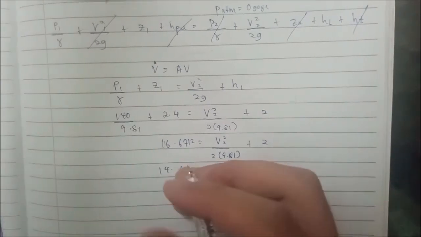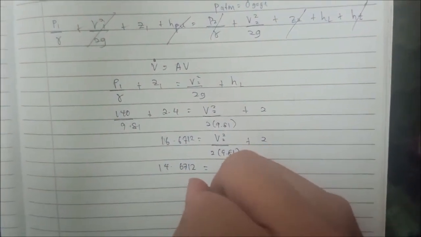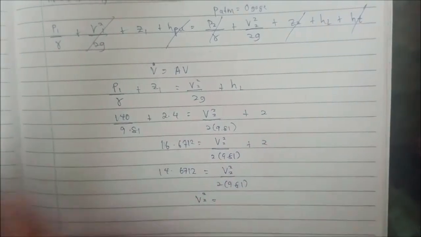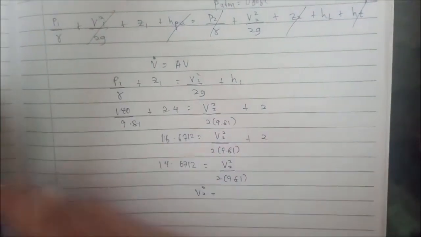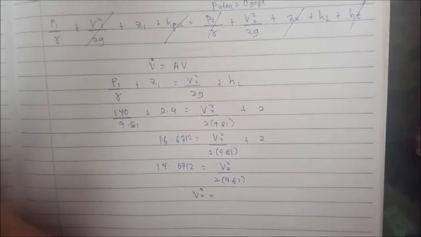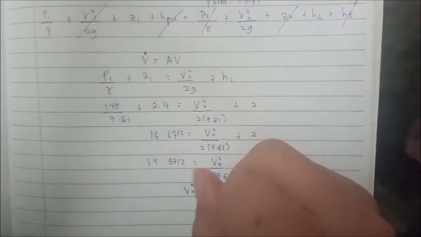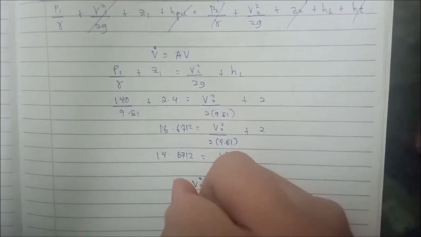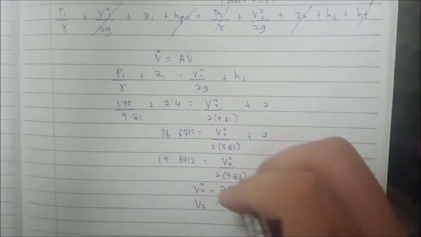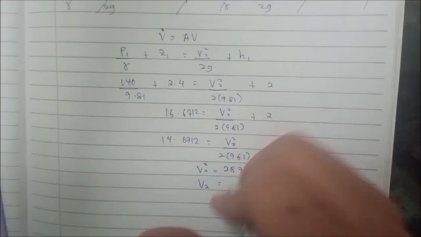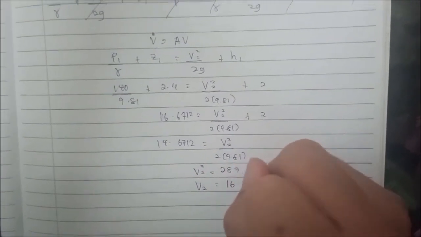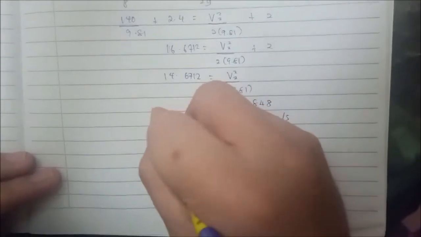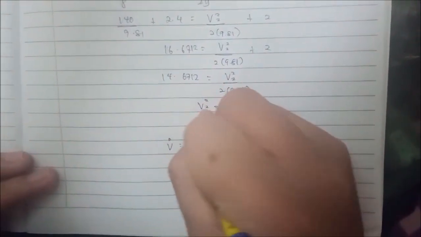And then you can solve the V2² equal to, calculate first, and then we get 287.848. The V2 equal to, we square root this, 16.966 meter per second. So volume flow rate equal to A2 V2.